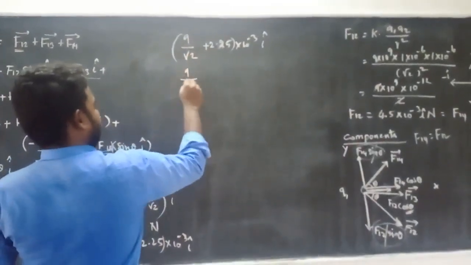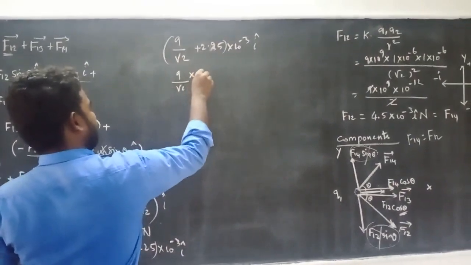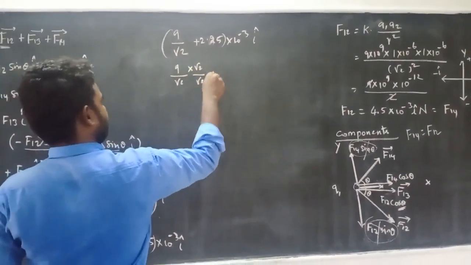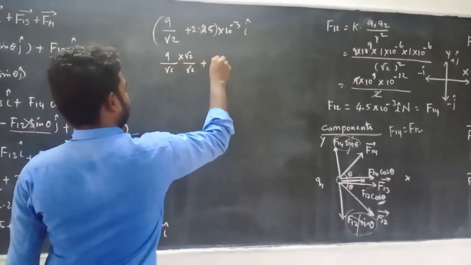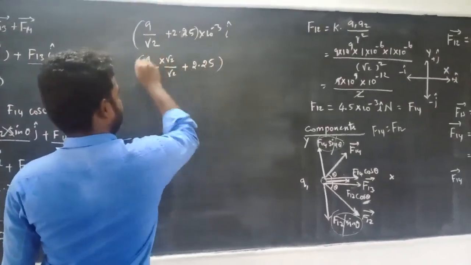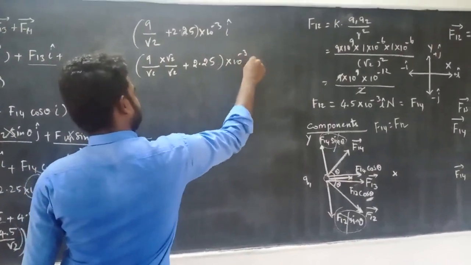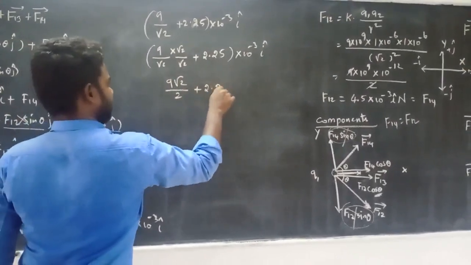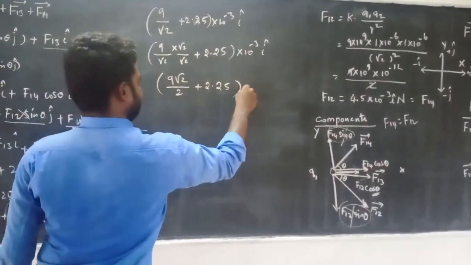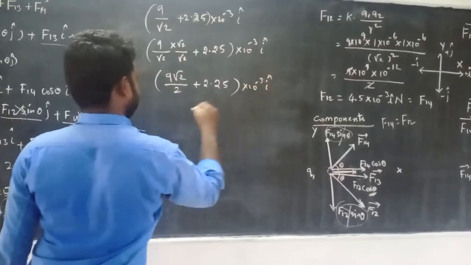So 9 by root 2 into root 2 by root 2, you can use this format, into 10 to the power of minus 3 i cap. So 9 root 2 by 2 plus 2.25 into 10 to the power of minus 3 i cap.